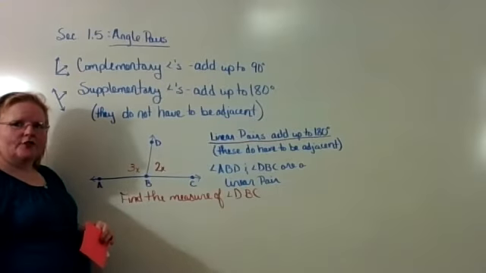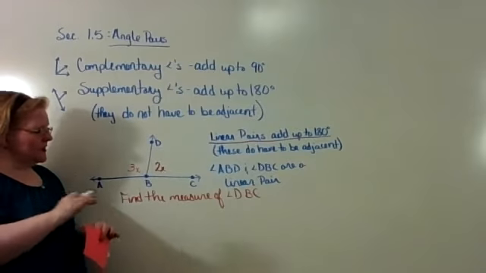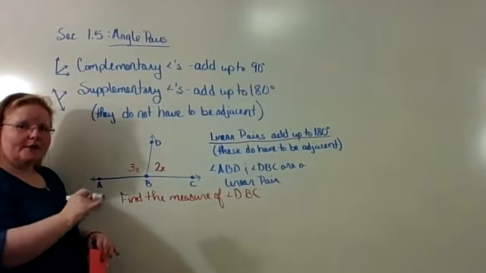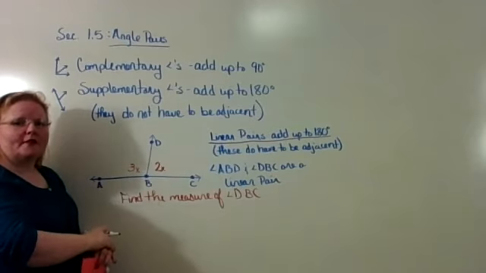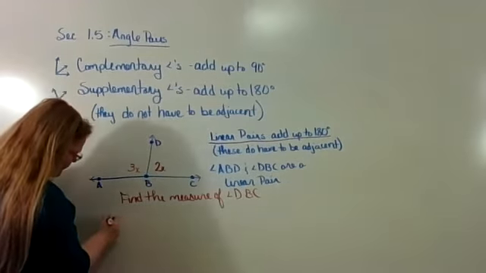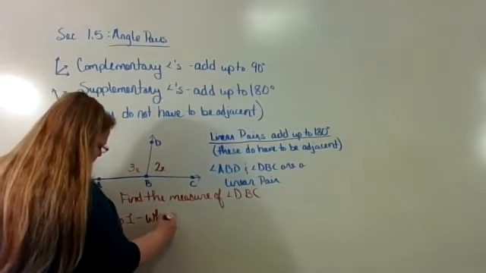Just like we did yesterday, because it's going to happen every single time. Just like we did yesterday, when we do this, you need to start in your mind by thinking of all the things you know about this that's true. So I'm going to write step 1. Ask yourself, what are some things I know about this picture?